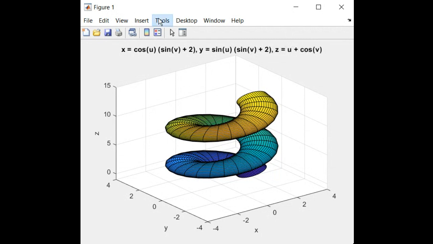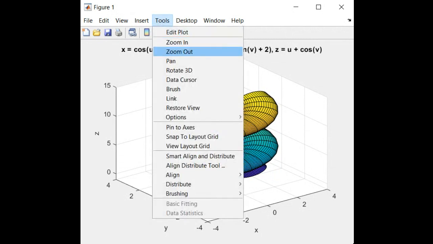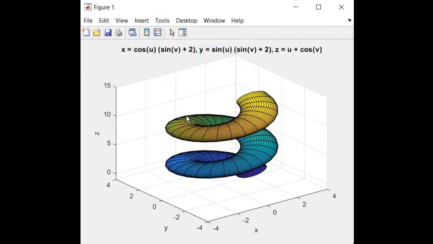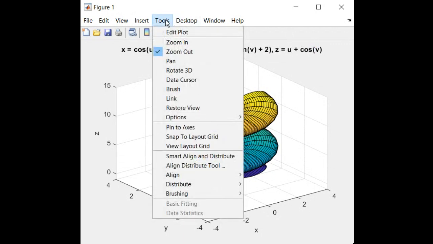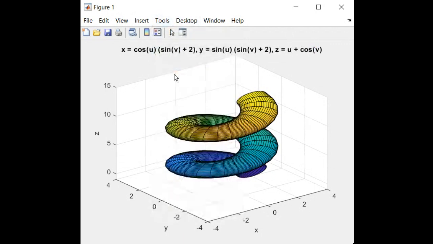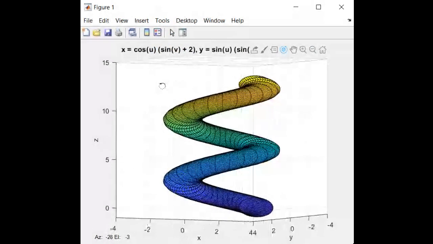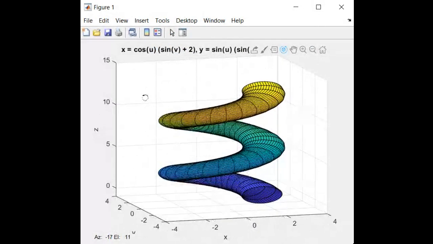And if I go to tools, I'm looking for, well, I can zoom out a little bit. There are different things, but maybe it's, okay, rotate 3D. That's what I wanted. See there?